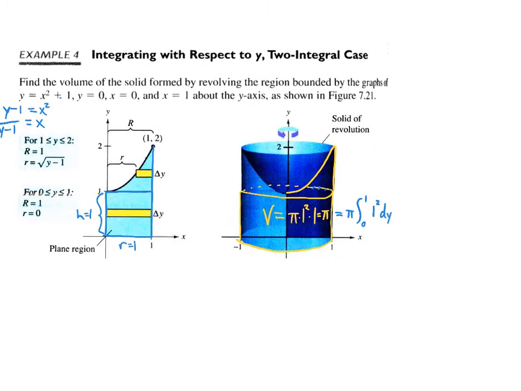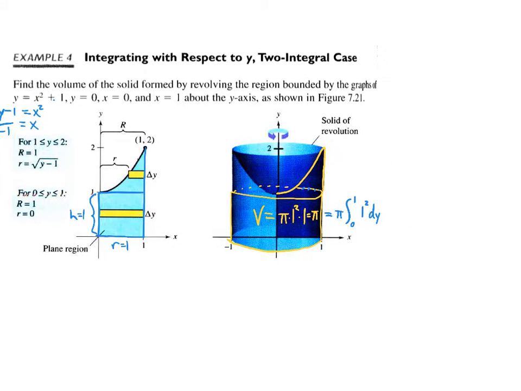So, for that integral, notice I'm going from 1 to 2. Okay? So I have the volume of the top equaling pi times the integral from 1 to 2 of the outer shell is x equals 1, right? So the outer shell is 1, and I square that, minus the inner shell. The inner shell is that square root of y minus 1.